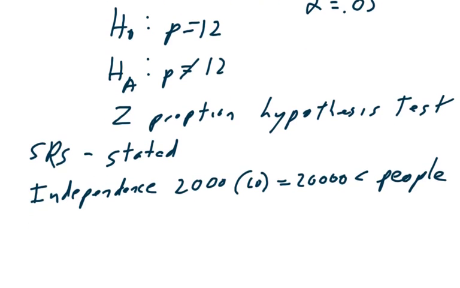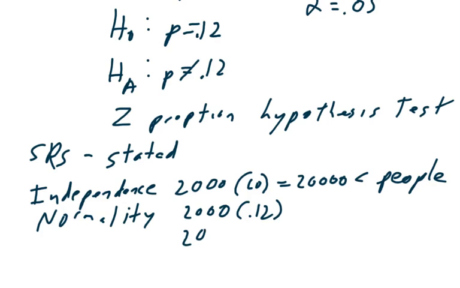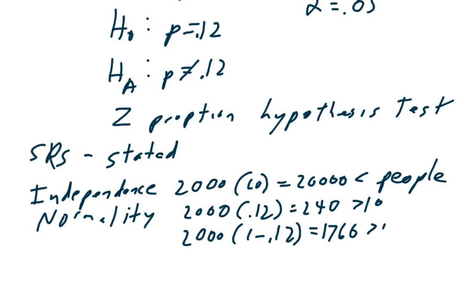Probably should have said it in Americans, but normality: 2,000 times 0.12, there should be decimal points up here, and 2,000 times 1 minus 0.12, and that is 240 and 1760, which are both bigger than 10.